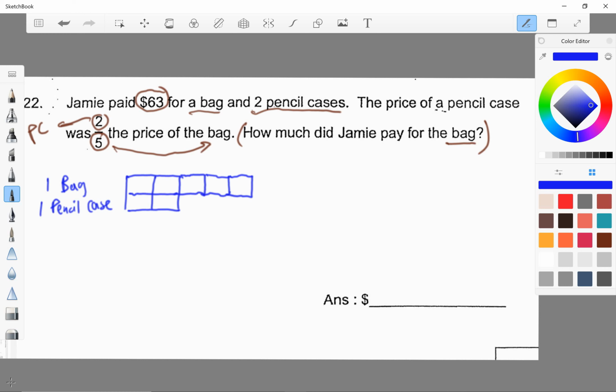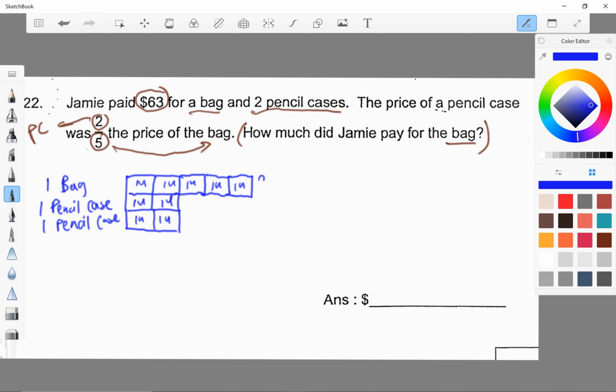So for the bag, I will ensure that there are 5 units, and I will do that by putting one U for units inside every box. For the pencil case, 2 units, and I would like to stack another 2 more units below. And there we have it, our one bag and our 2 pencil cases.